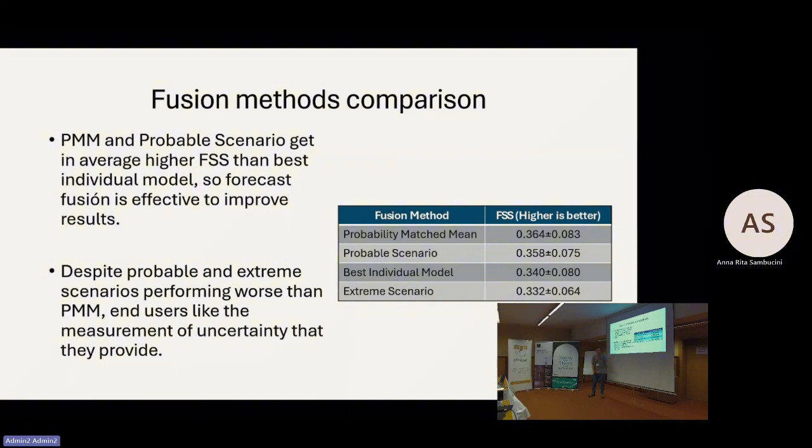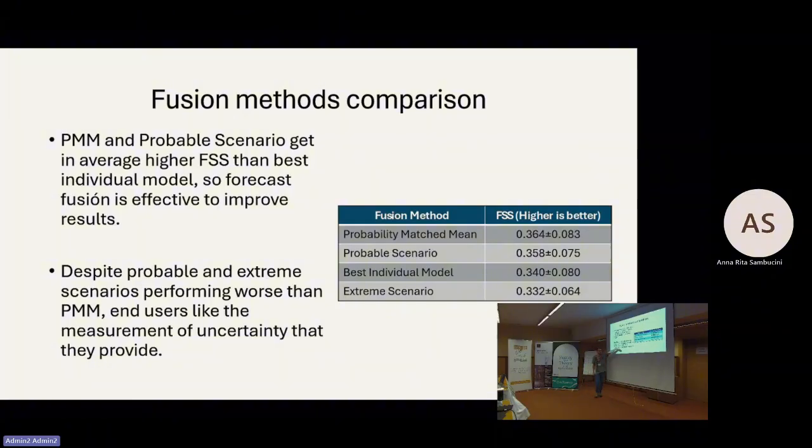Here I have some comparison with the FSS score, and this probability match mean nearly always gets the highest values. I didn't put it here, but we also tried using the mean, geometric mean, Choquet integrals, and other regression functions.